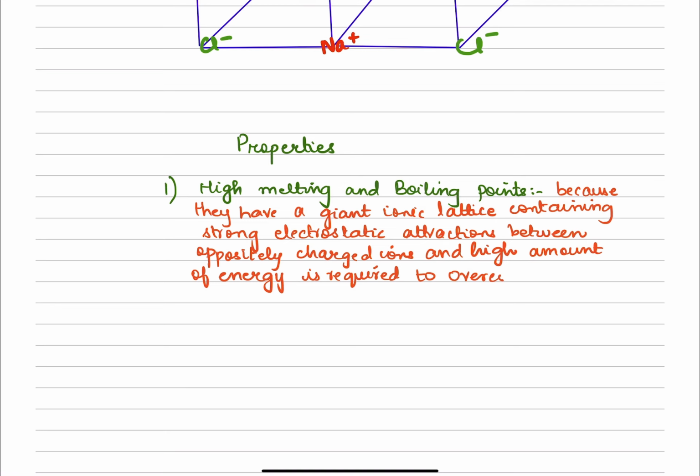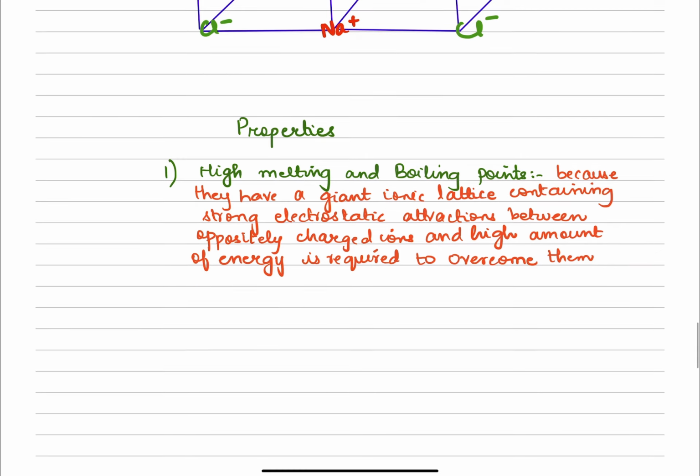This is how you justify this property. First you mention the structure, it's giant. Then you say, what does this giant ionic lattice comprise of? Strong electrostatic attractions between oppositely charged ions. And what's the consequence of that? You need high amount of energy to overcome them.